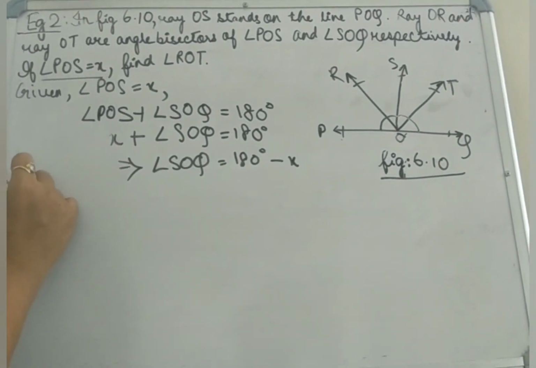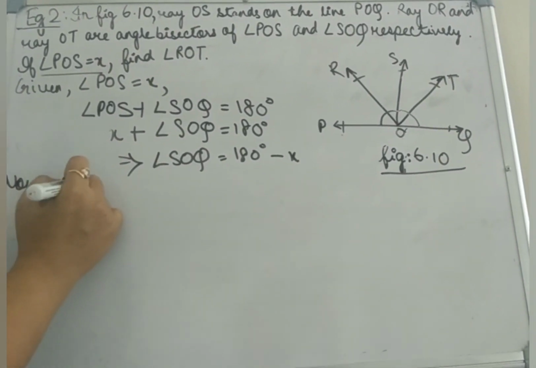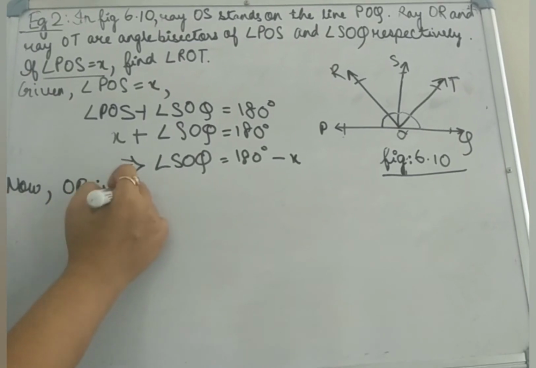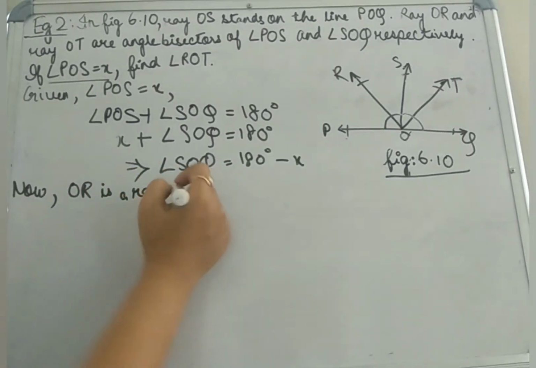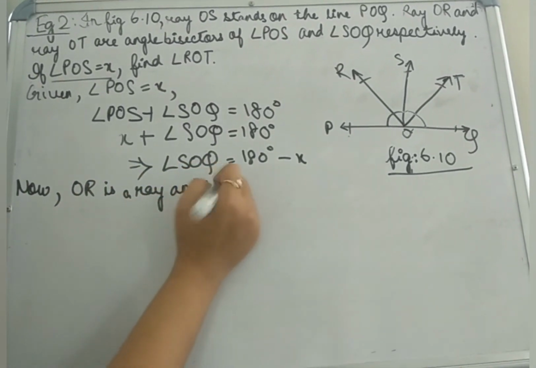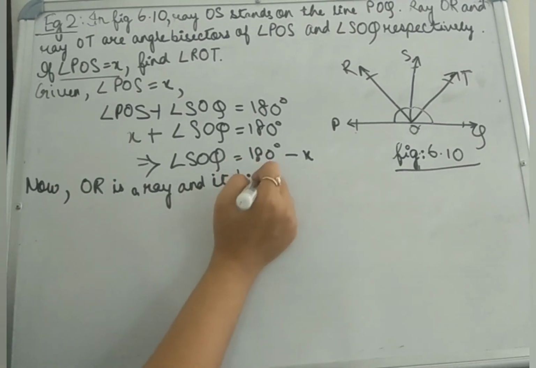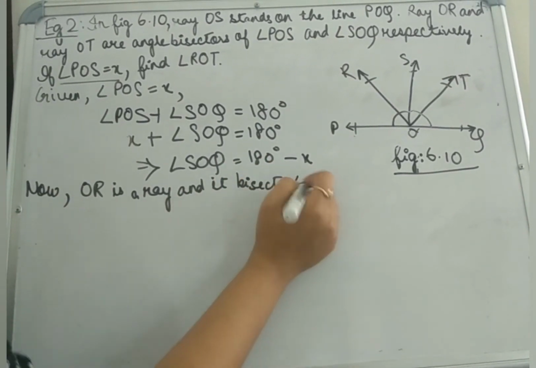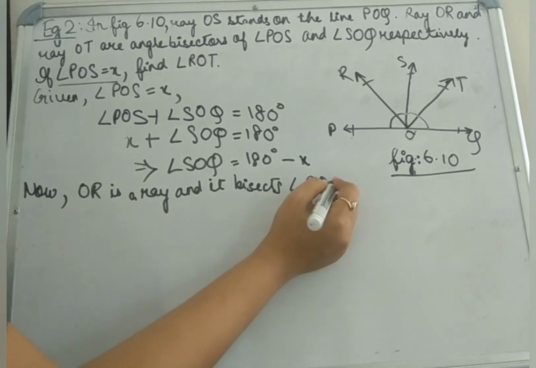Now, OR is a ray and it bisects angle POS.